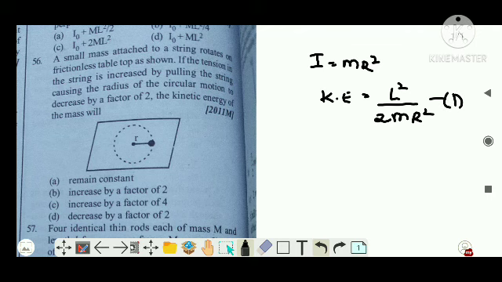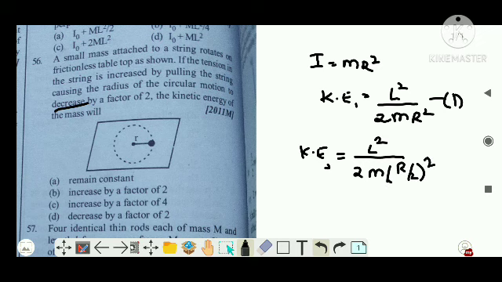Now in the second case, the radius of circular motion is decreased by a factor of 2, which means the new radius is half of it. So the kinetic energy now, this is the first case, this is the second case, is L squared by 2m, and the radius is half, meaning r by 2 whole squared.